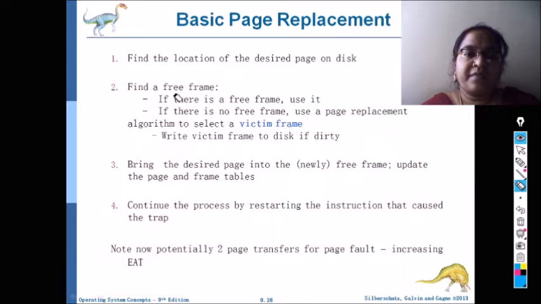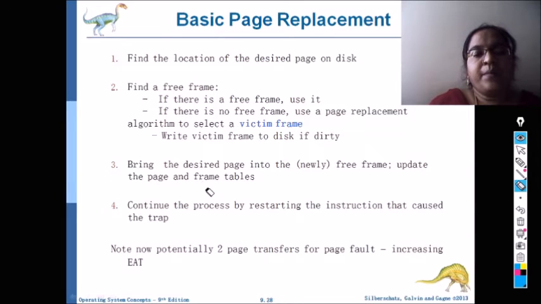Next, bring the desired page. After finding a free frame, you bring the desired page into the newly freed frame. After that, update the page and frame tables. In the page table there was an invalid bit; you change that to a valid bit because that page was brought in right now. Page tables give the details of the frames of that particular user's pages.